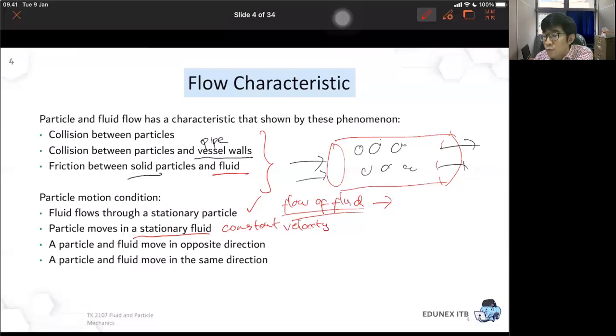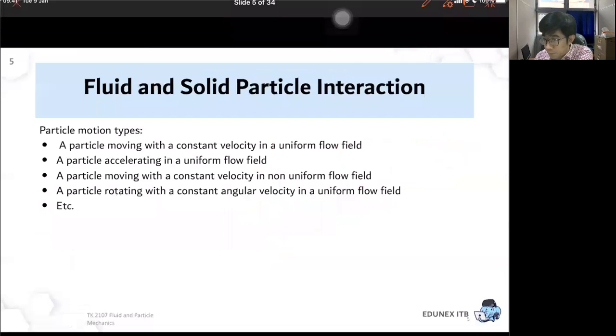A particle and the fluid can move in the same direction or in the opposite direction, depending on the condition. Okay, this is the phenomena, an example of the flow characteristic.